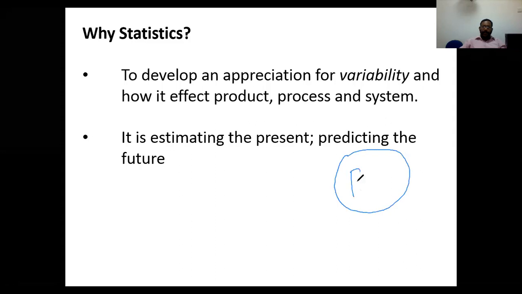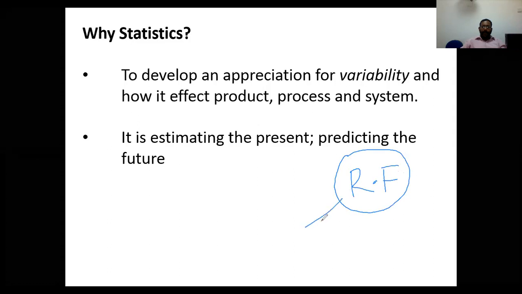So he said rainfall data. Let's say the last 5 years of data, you get it, right?